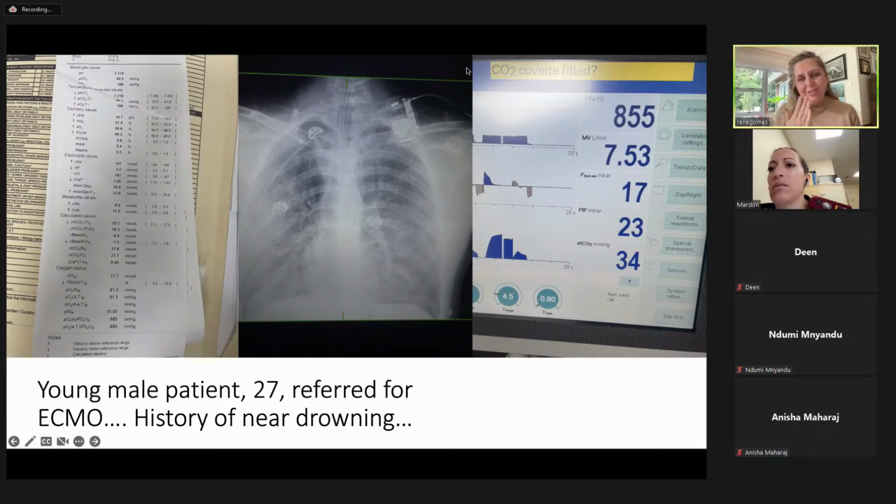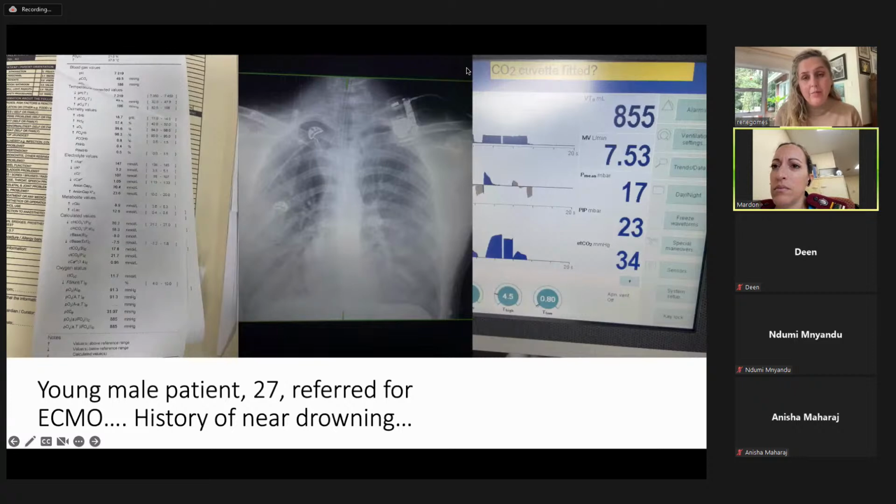So it's easy just to go in the middle, 7 mils per kilo. And how do we get the ideal body weight of this patient? He's 165. So in males, you take away 100. In females, you take away 110. So you take away 100 from 165, his ideal body weight is 65. So 65 times 7 mils should give you your tidal volume that we're aiming for.